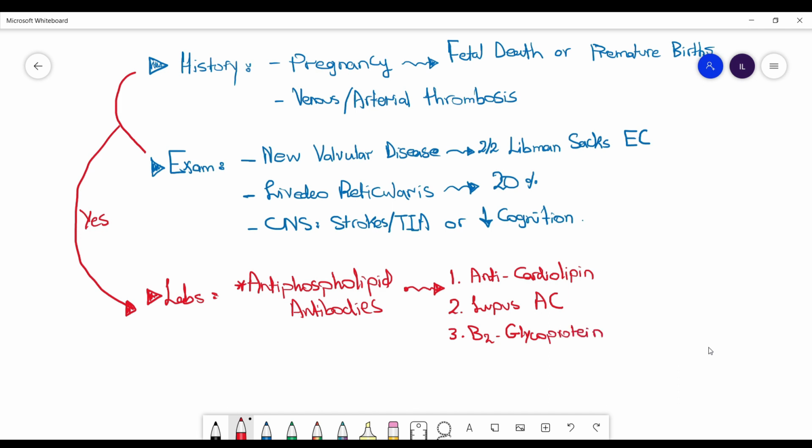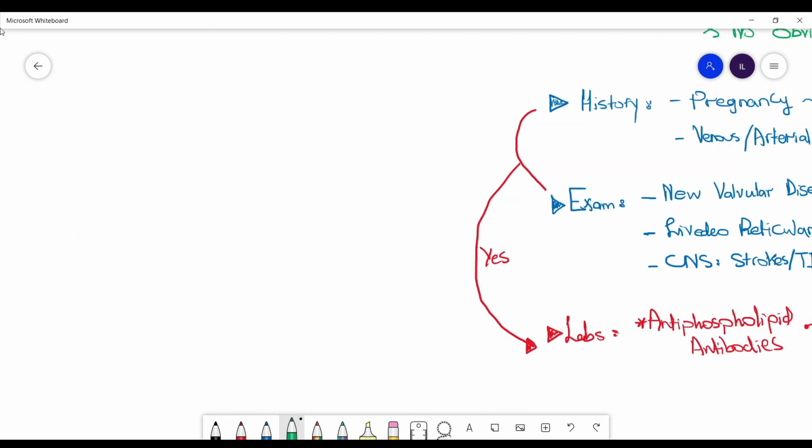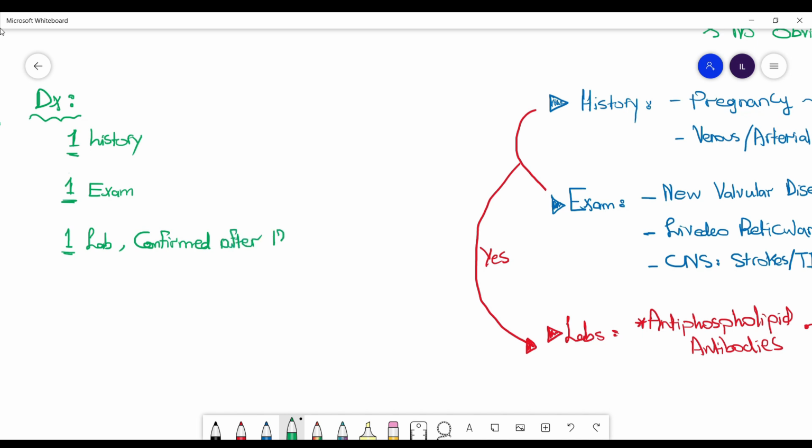Now, to make the diagnosis, you need the presence of one of each of the three categories we mentioned. You need one history, one exam, and one lab finding. And for the lab abnormality, it should be confirmed again after 12 weeks, which means you won't be able to diagnose antiphospholipid syndrome until 12 weeks after starting to work up the patient.